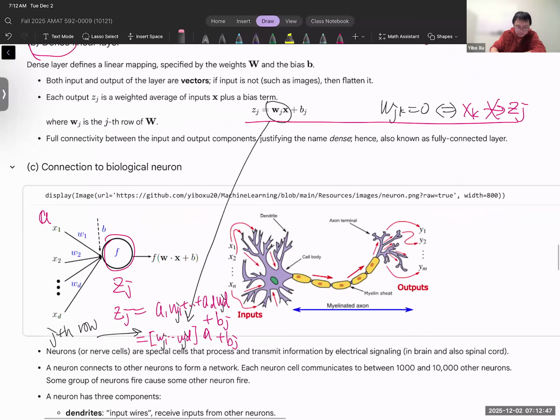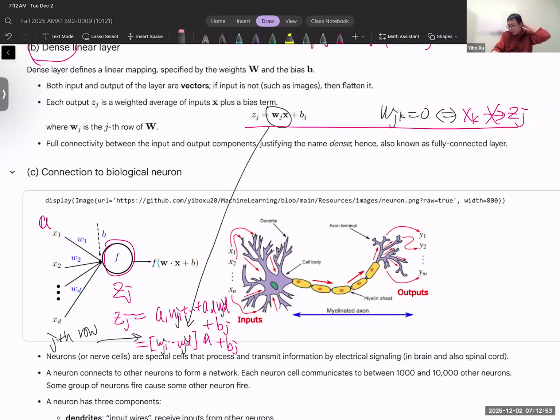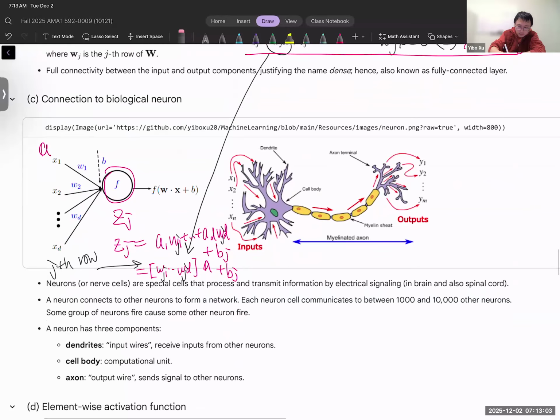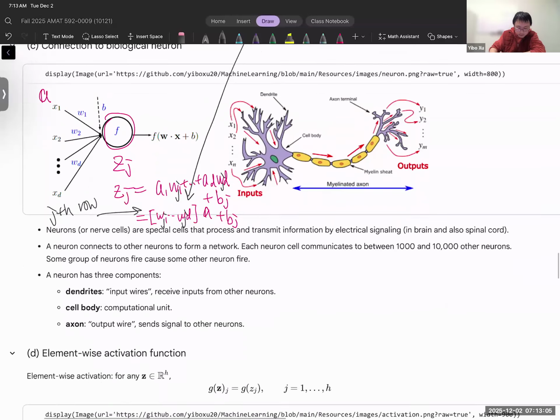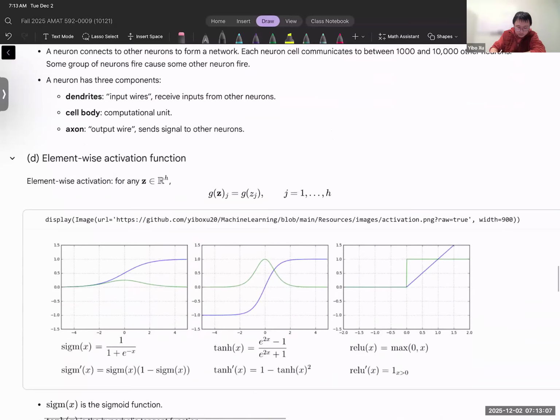So you do see that every layer has a linear mapping, but the most important thing to introduce non-linearity is the activation. For each layer, there's going to be an activation that's very important.